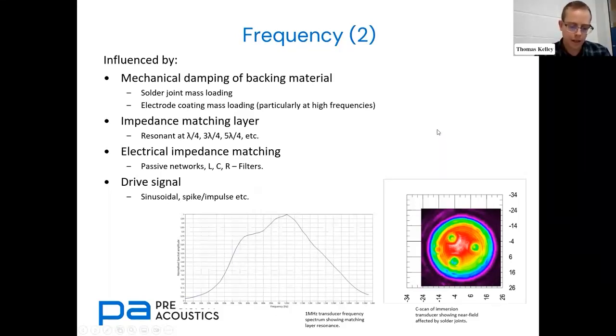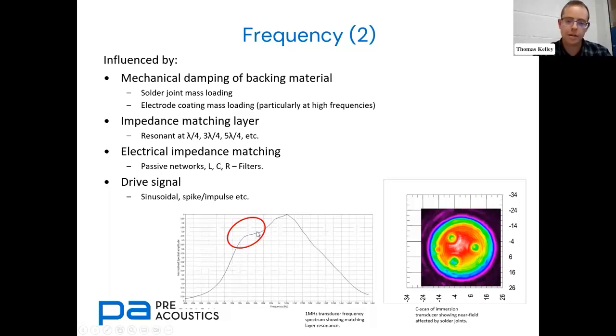So what else? The acoustic impedance matching layer can have its own resonant frequency, which might interact with the resonance of the piezo itself. In this frequency profile for a transducer, as an example, you can see this second slight resonance peak at about 800 kilohertz.